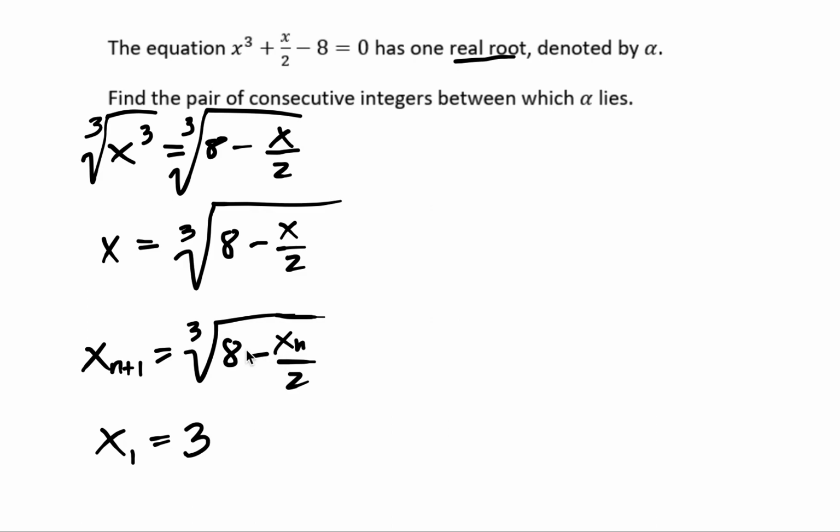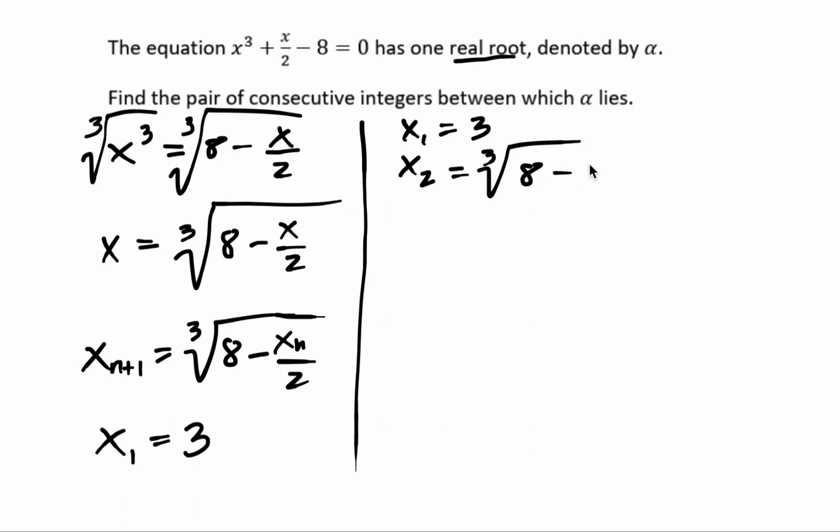However, just make sure that the inside is not negative. So I'm gonna start with x sub 1 equals 3. I'm gonna put the line here. x sub 1 is equal to 3. x sub 2 therefore is the cube root of 8 minus 3, which is x sub 1, over 2.